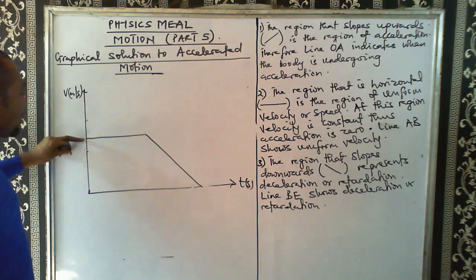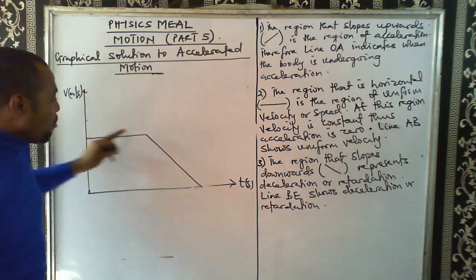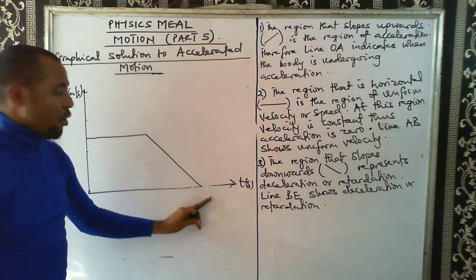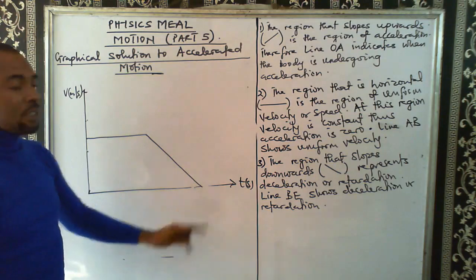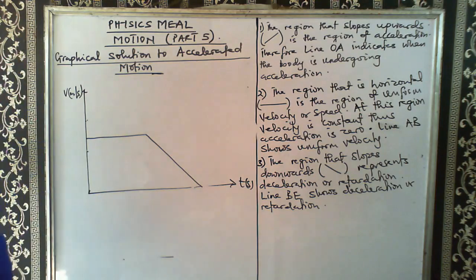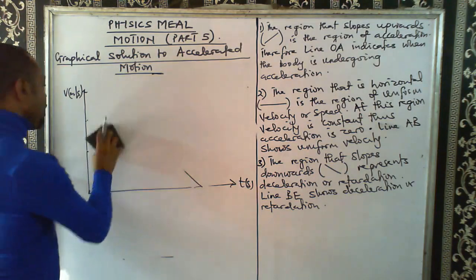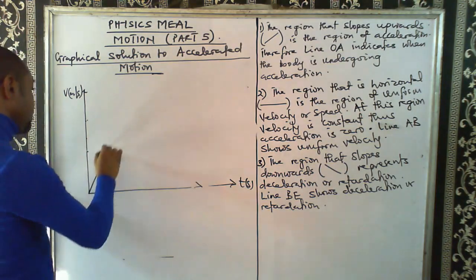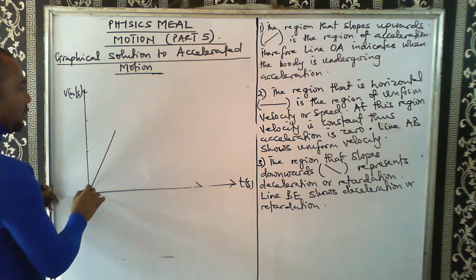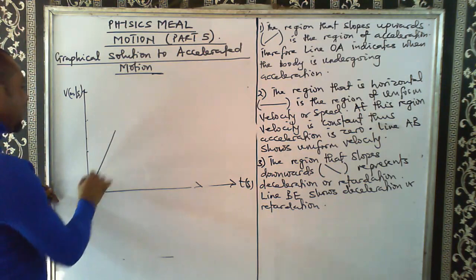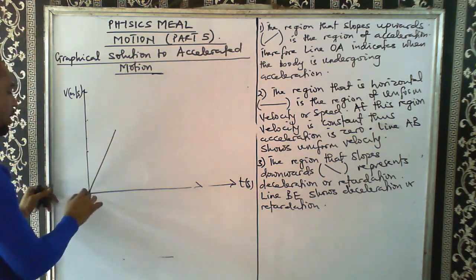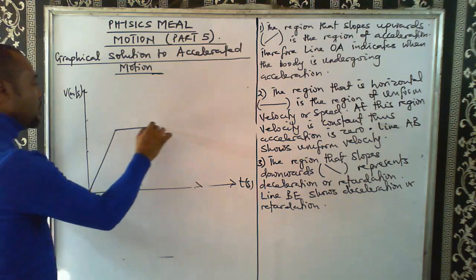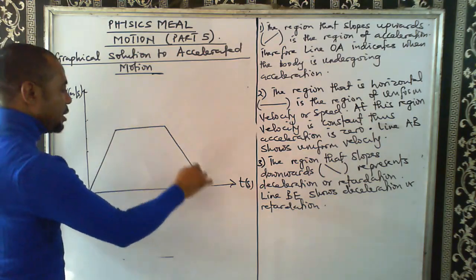So this body started with an initial velocity and moved uniformly before decelerating to what? Decelerating to rest. Now, we know that if the body moves from the origin, it starts from rest. So this body accelerated from rest, moved with uniform velocity, then decelerated.